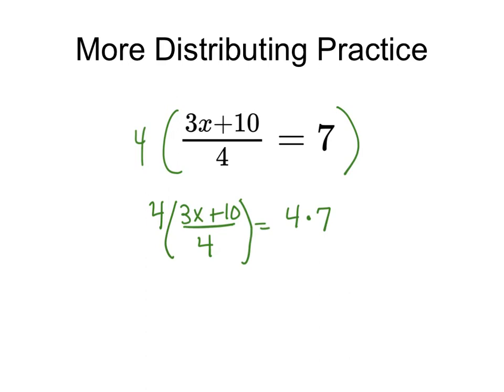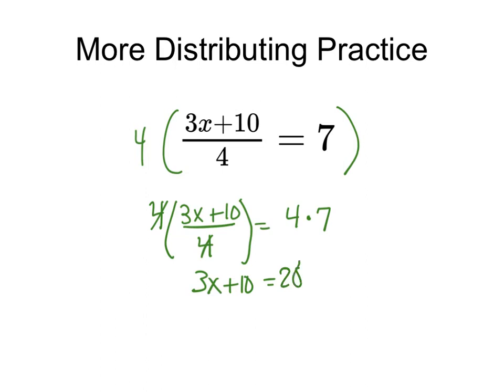So now I've actually multiplied both sides by 4. And we know that on this side of the equation, this 4 and this 4 will cancel out. And when they cancel out, they leave us with 3x plus 10 on the left side of the equation, and then 4 times 7 is equal to 28.